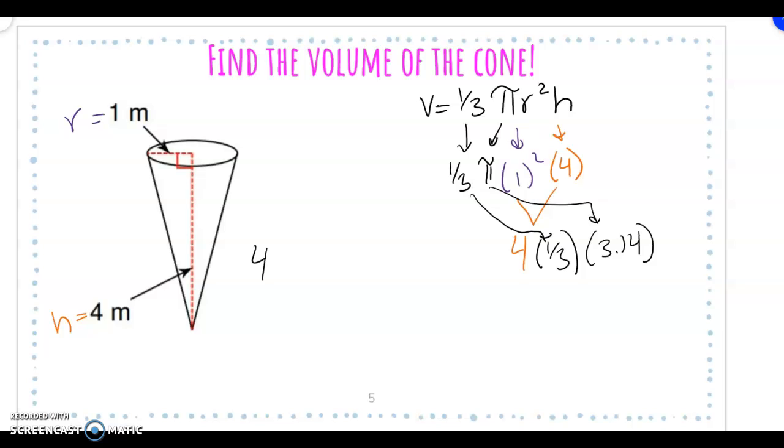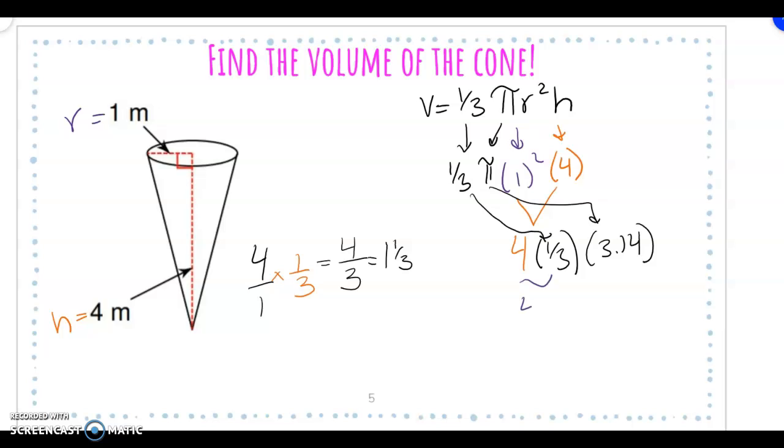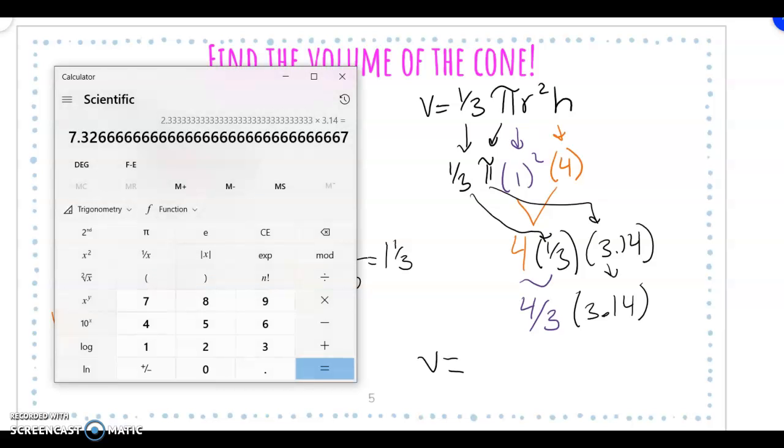So if you were going to multiply a fraction and a whole number, remember there's an invisible 1 underneath every number, and you'd multiply straight across. So 4/3 I know is 1 1/3. So now I'm going to take my 4/3 and multiply it by 3.14. And let's see what my final volume is.